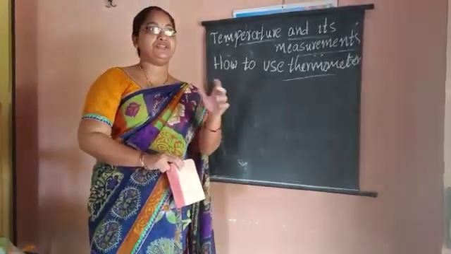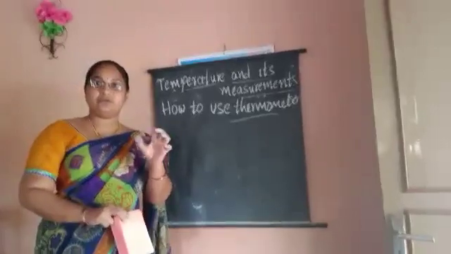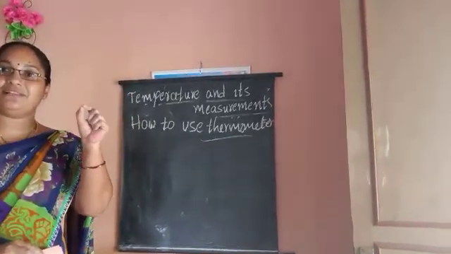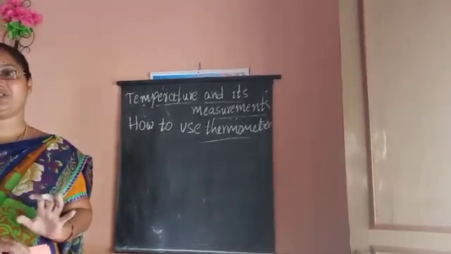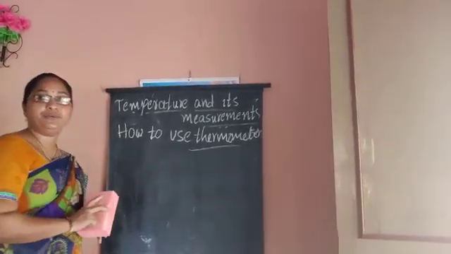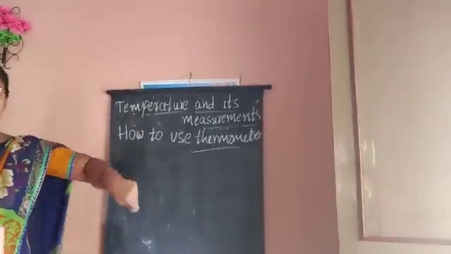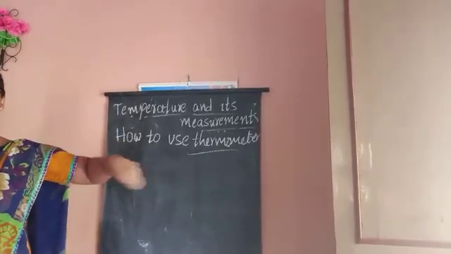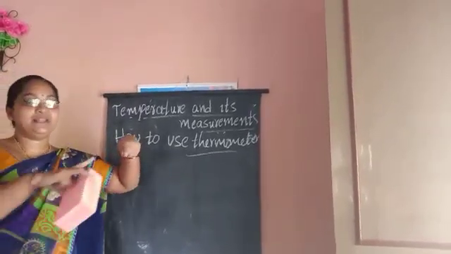That means when checking one patient after the other, in between they will keep the thermometer in the antiseptic solution. After that, they will give jerks to the thermometer. Like this they will give the jerks to the thermometer. Why? There is a kink, no?